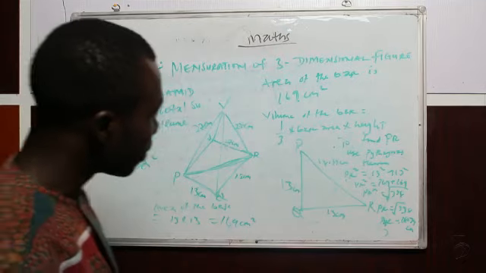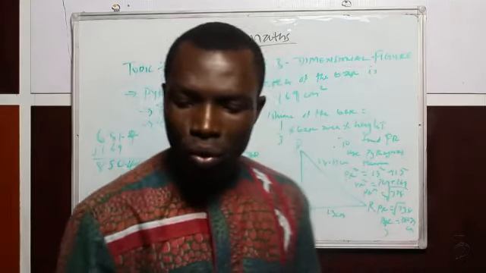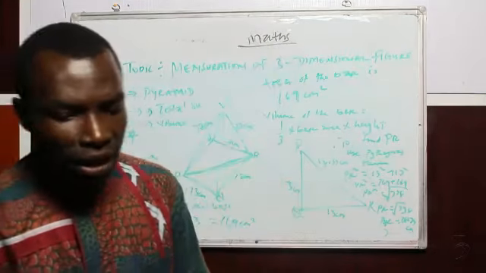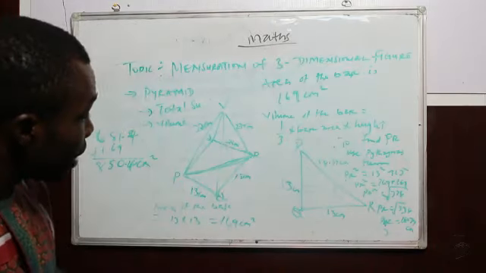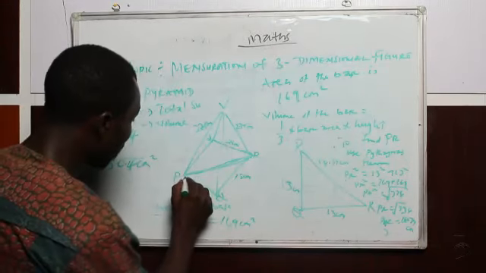Now we have gotten our PR to be 18.39 centimeter. We are not yet through, because we have already calculated that our PR is the height, because it's the longest side.